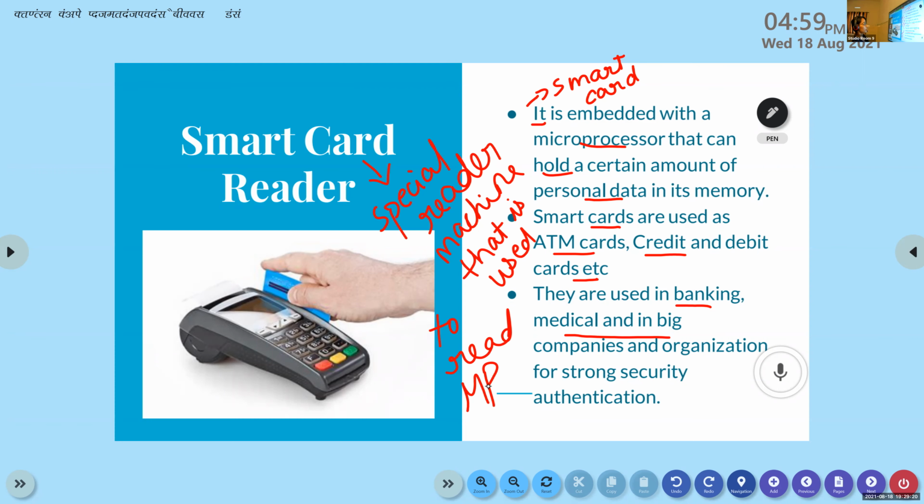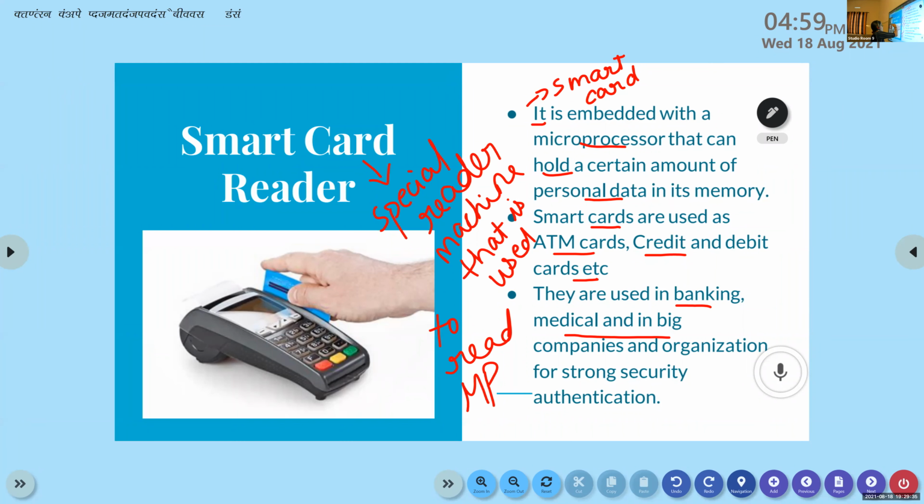The reader or the machine which reads this microprocessor which has been embedded in that card is known as smart card reader.